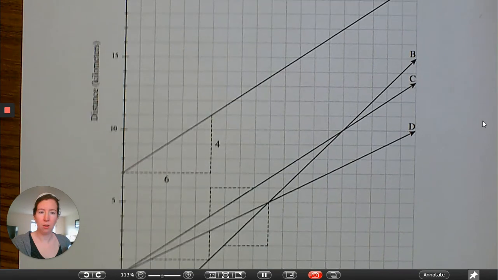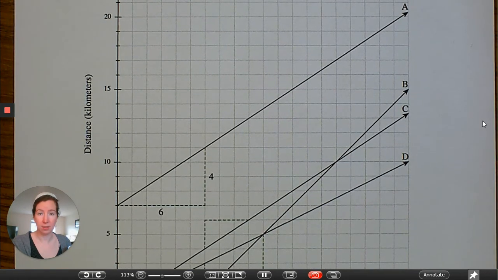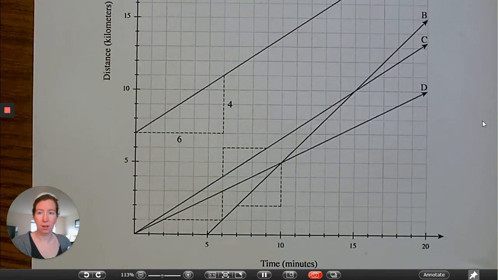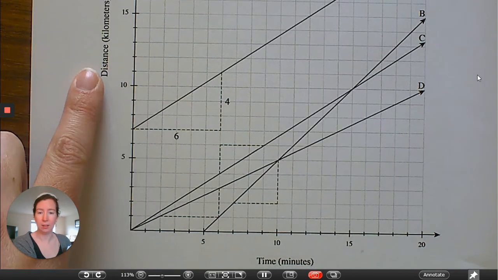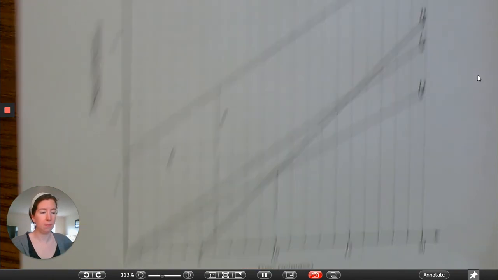So when you're looking at your resource page, there are 4 different participants. And you can see how far they are swimming or biking over a certain amount of time down here.